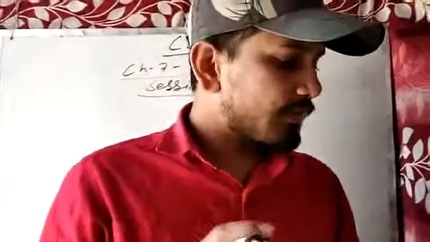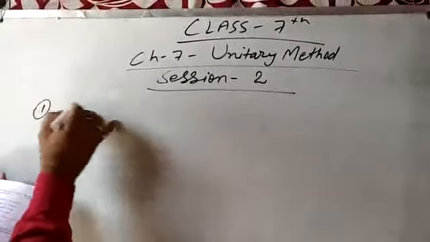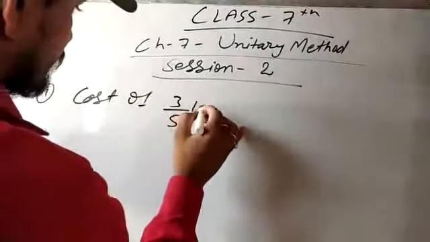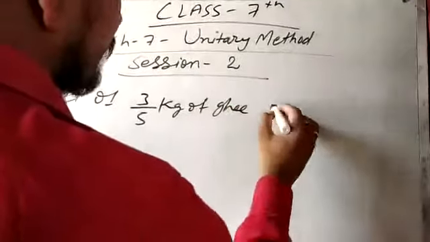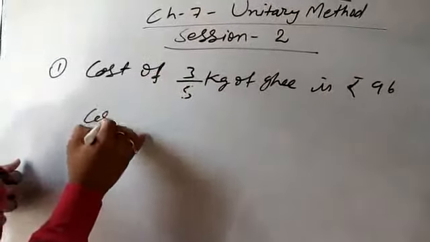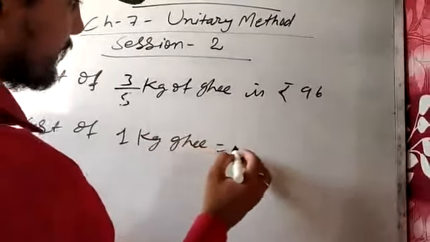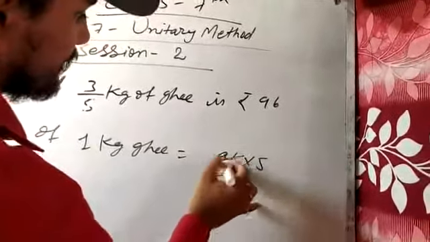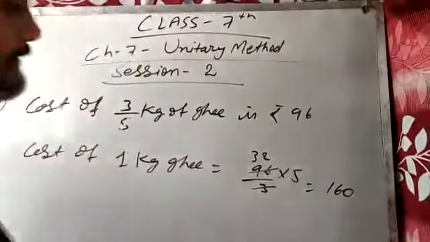First question: the cost of 3 by 5 kg of ghee is 96 rupees. So the cost of 1 kg ghee is equal to 96 by 3 into 5. 32 into 5, 160 rupees.